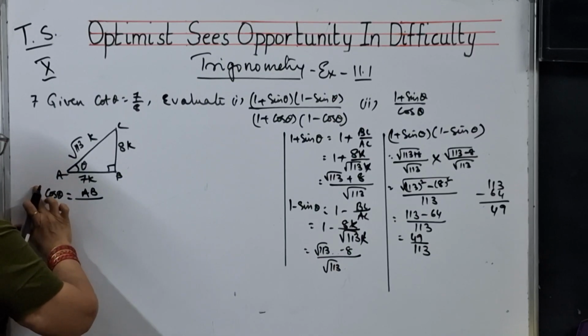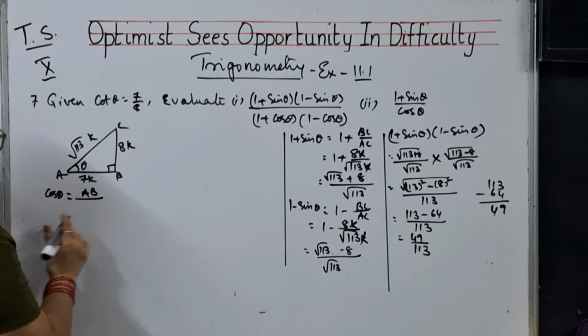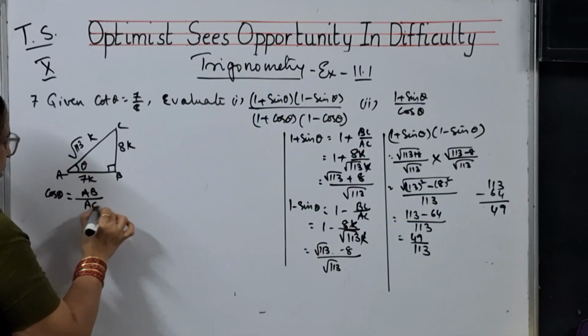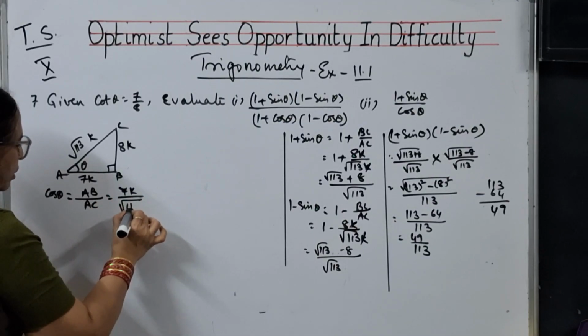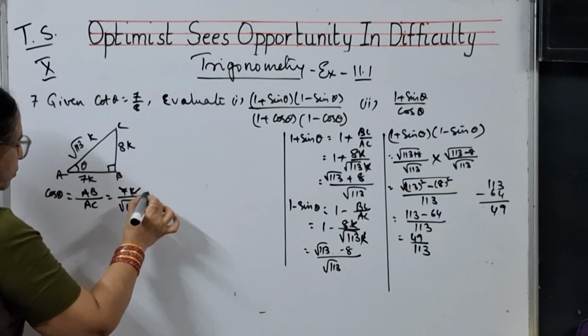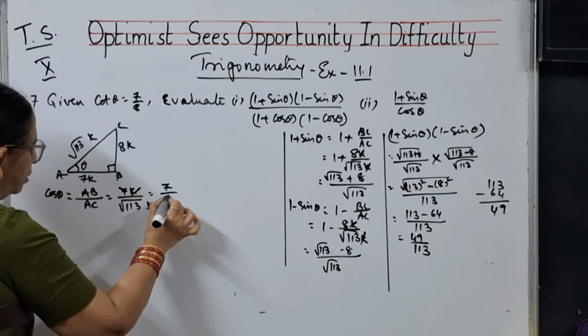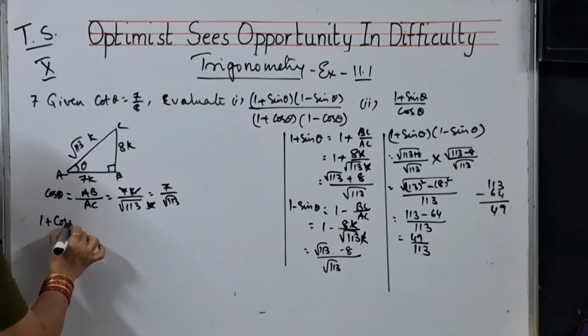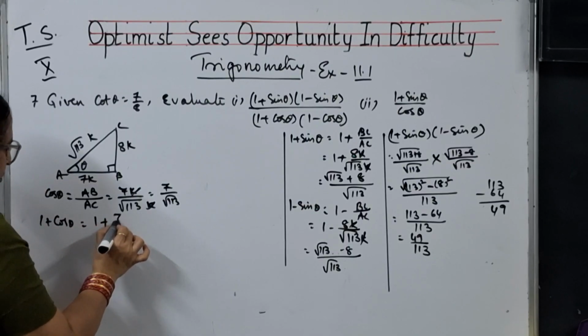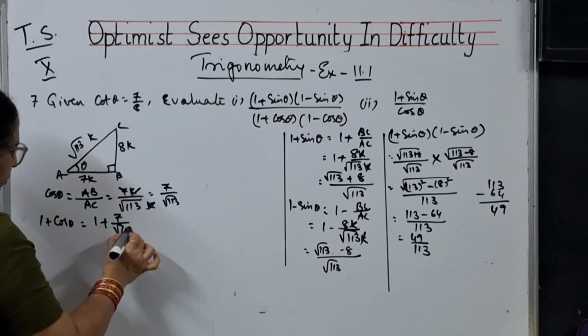First let me write cos theta. Cos theta is AB by AC, that is 7k by root 113k. These two will get cancelled. 7 by root 113. So 1 plus cos theta is 1 plus 7 by root 113.